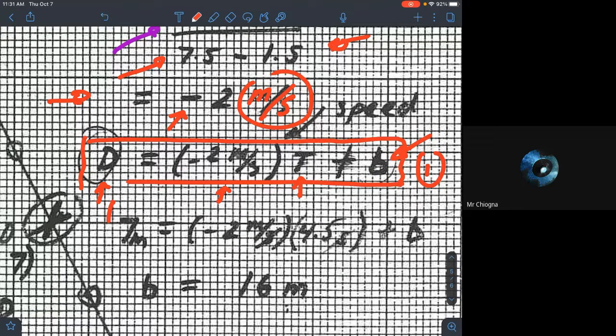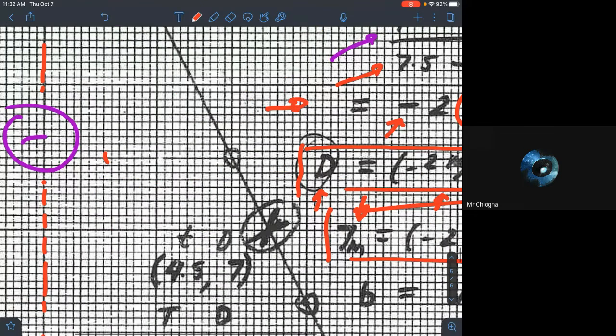That's step 2. What did I do? I chose a value for t and the corresponding value for d. Where did I get that? I chose this value here. You can choose any value you want, any point on the line, data point or other, doesn't matter.